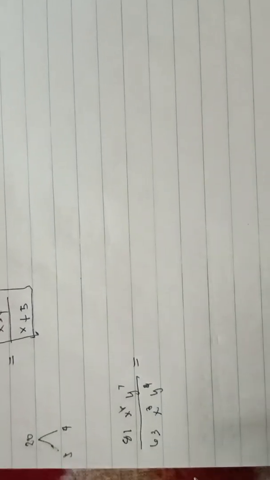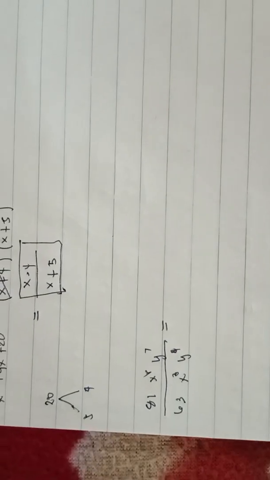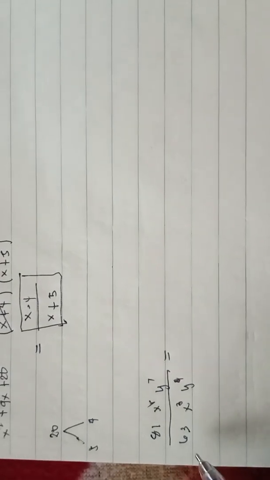So in our next example, we have 81 x raised to 5 and y raised to 7 over 63 x cubed and y raised to 4. Hanapin lang natin yung factor ng 81 and 63.